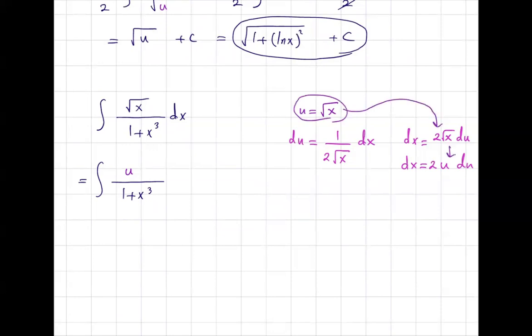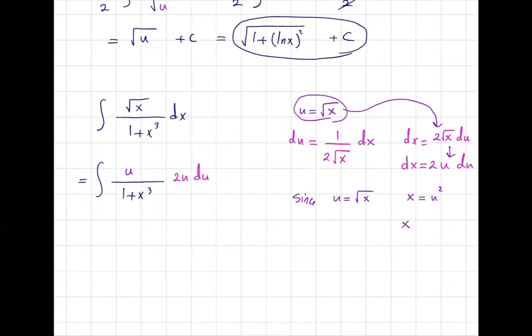So here you have 2u du. But what should I do with the x in the denominator? Well, let us isolate x and raise it to the third power. Since u is square root of x, it means that x is u squared.